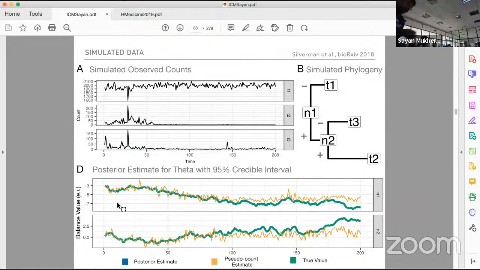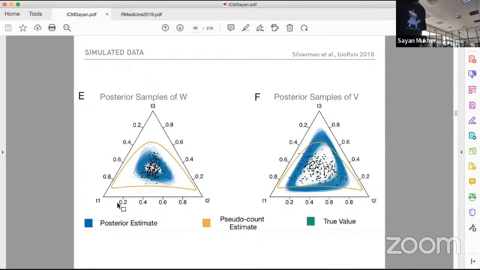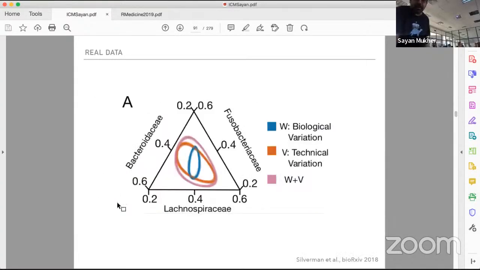This is something that's true of a lot of time series data: fundamentally, smoothing things helps you a lot. What else you can do, which is neat, is start getting at the true values, basically the V's and the W's. You can start teasing those apart.